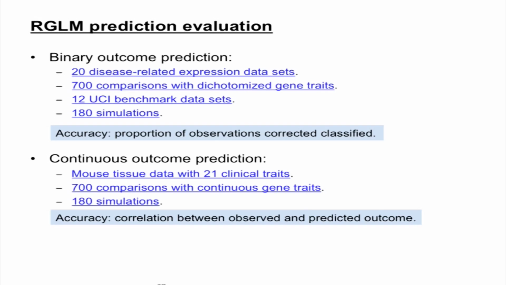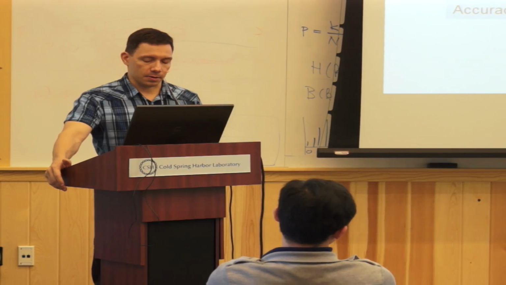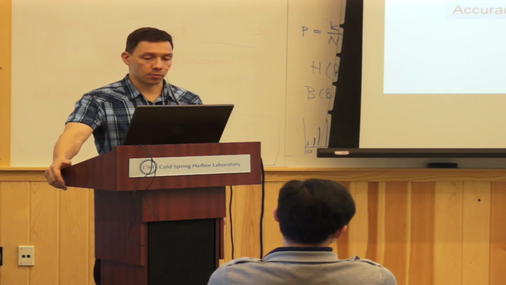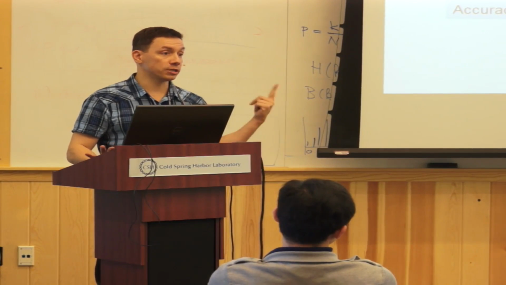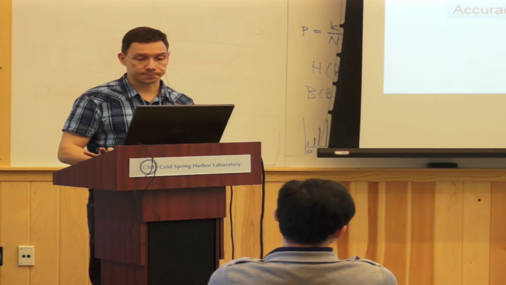And so we did that for the binary outcomes, but also for the continuous. So what is the continuous outcome? A continuous outcome is just a numeric number. It could be, for example, HDL levels, or just the gene trait, undichotomized.